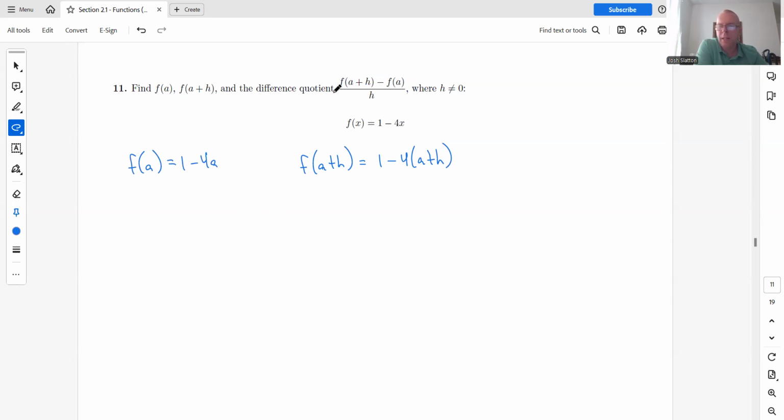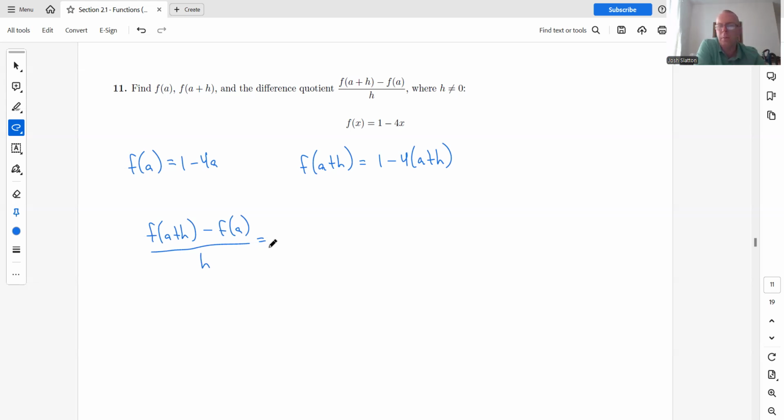And now let's find this difference quotient. So f of a plus h minus f of a over h. Now, before I do this, remember a minute ago I said difference quotient is a way to think about slope, and it is a slope.